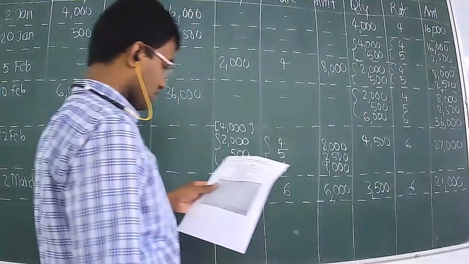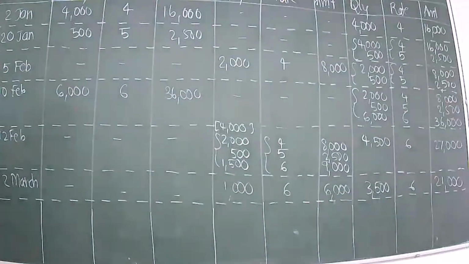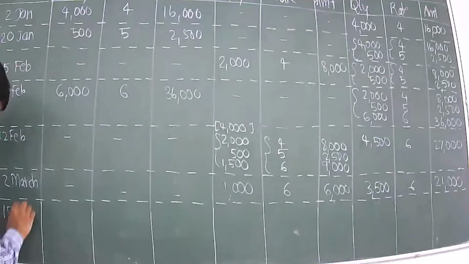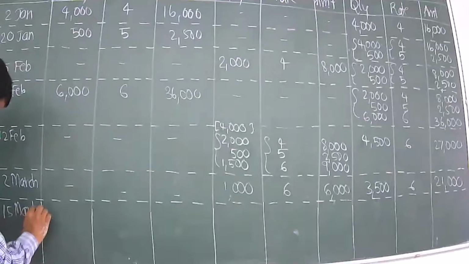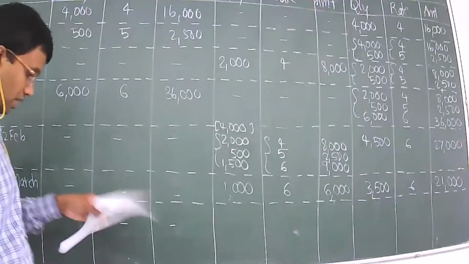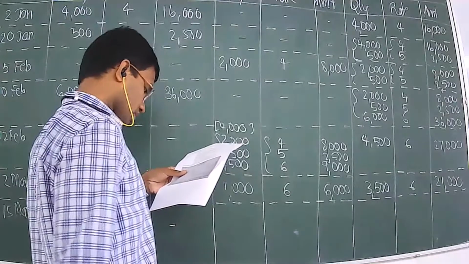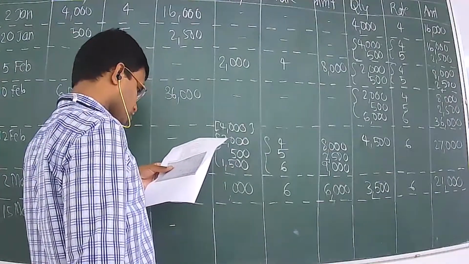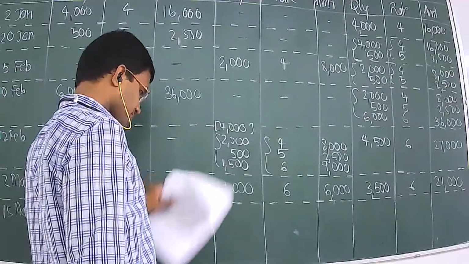The next transaction that we have is on March 5th. On this date you are again carrying out an issue of 2,000 units.